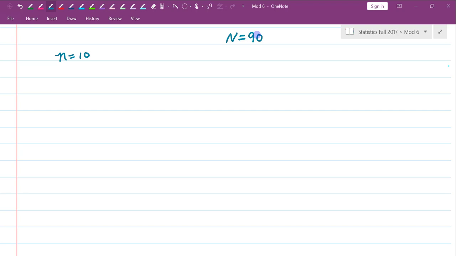What happens though if I started to plot my X bars, my averages? I'm calculating all these different averages of 10 students and their ages in my statistics class.